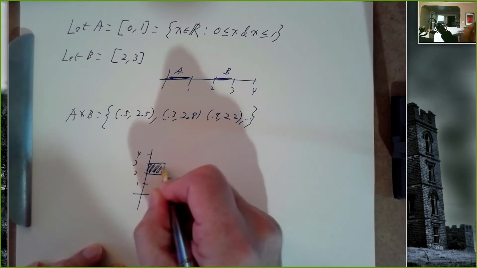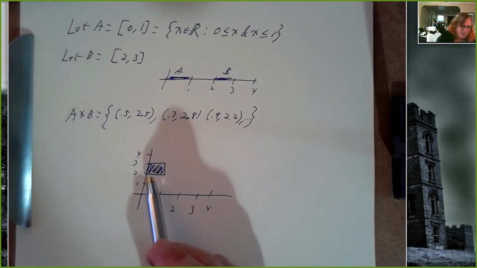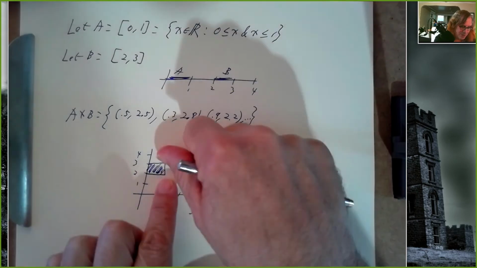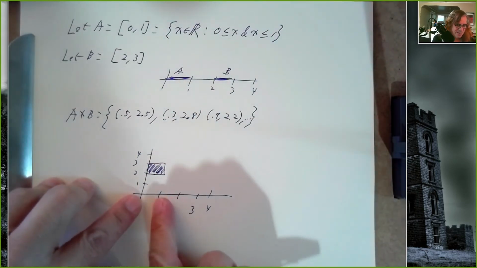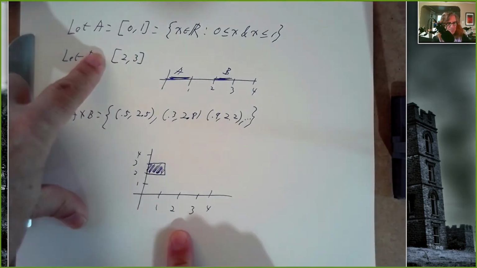It's going to be everything in this rectangular region. Because every point in here has an X value between 0 and 1, and a Y value between 2 and 3. Which means the X value comes from set A, the Y value comes from set B.